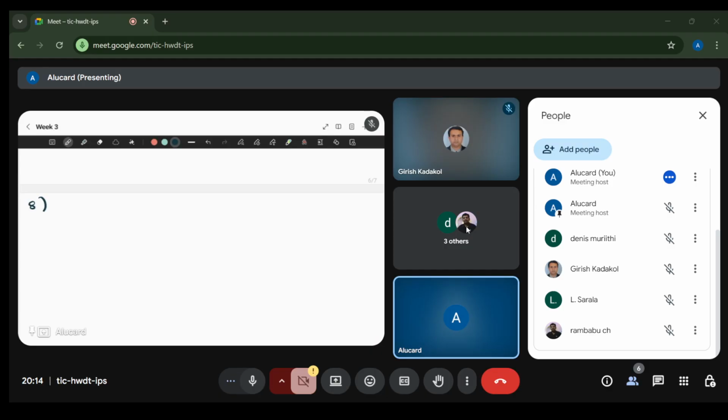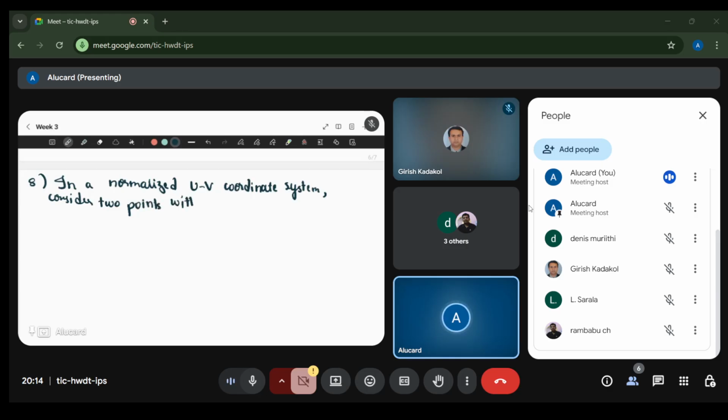Okay, and now question 8. In a normalized UV coordinate system, consider 2 points with the following coordinates.